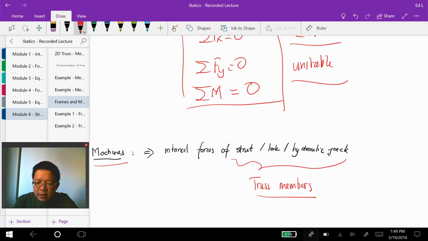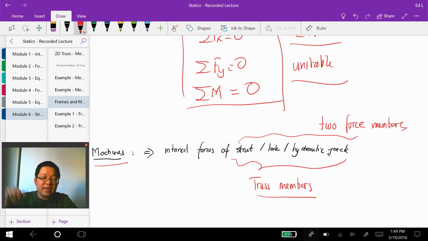Basically the strut, link, and hydraulic jack is a two force member, where it has to be pin connected at both ends, and there is no load applied within the member.